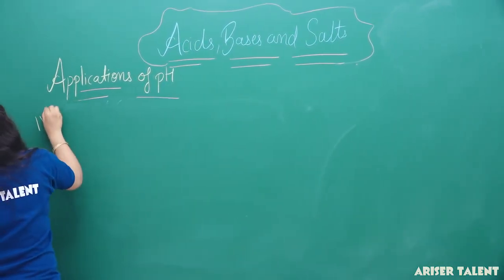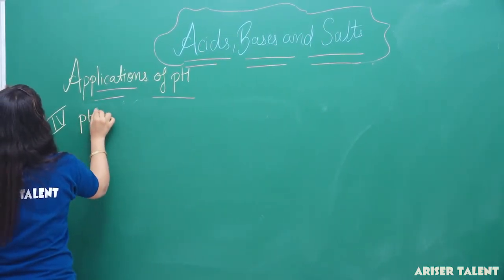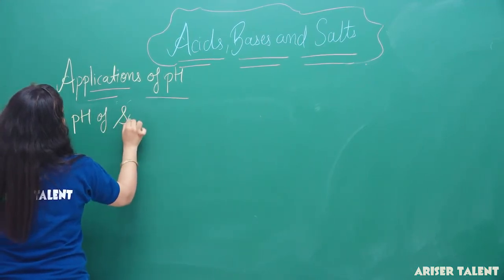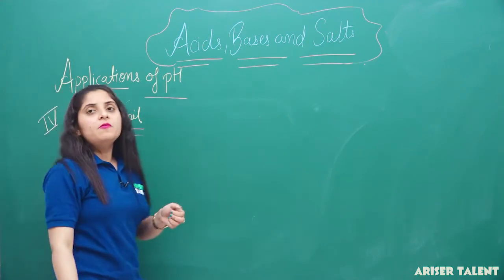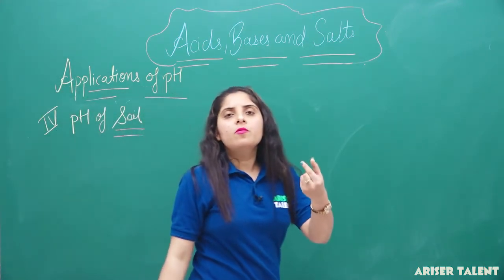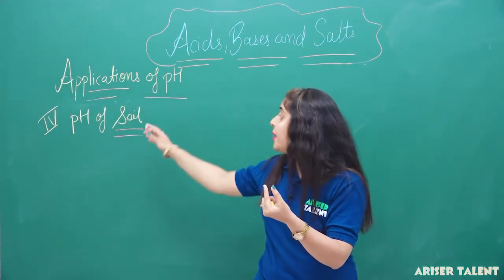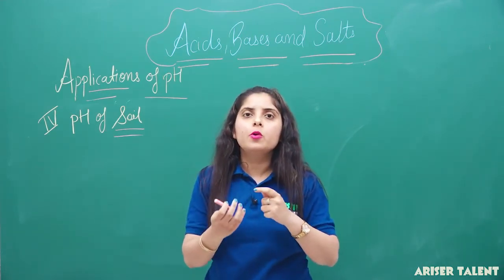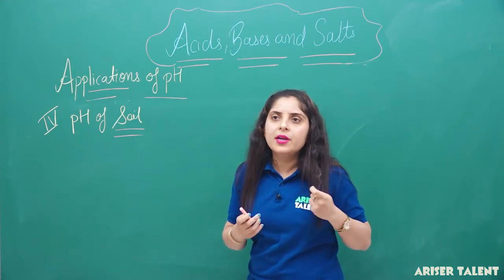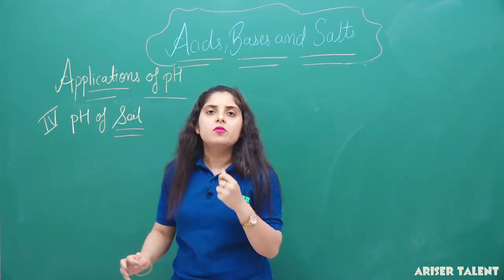Our fourth application will be pH in case of soil. The fertility and the product growth of any crop will depend upon the soil. The soil with larger fertility will grow a greater amount of crops or products. So it all depends upon the pH of the soil.